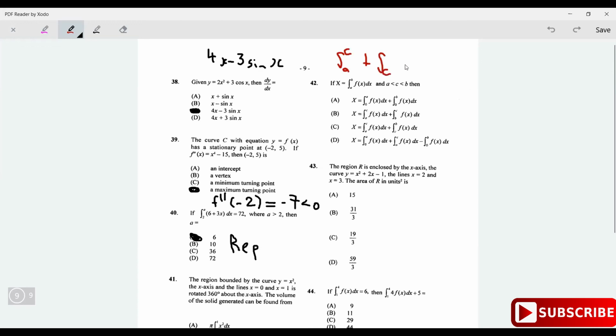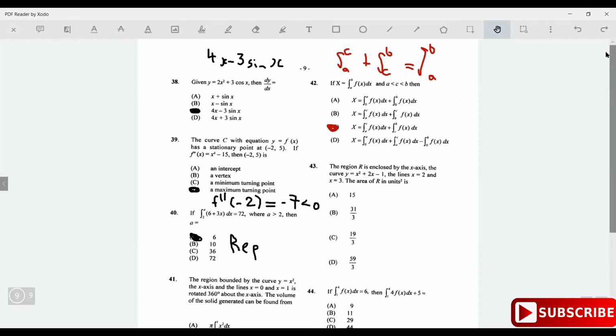So it's just going to be the integral from a to c plus the integral from c to b. Nice and easy, soft. It's just like addition. If you're adding 1 to 5, you can add from 1 to 3, and then add from 3 to 4. Same way. Add 4 to 5, sorry.